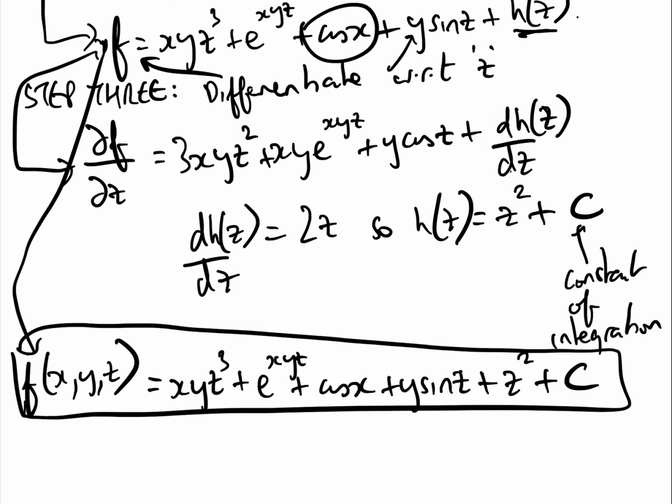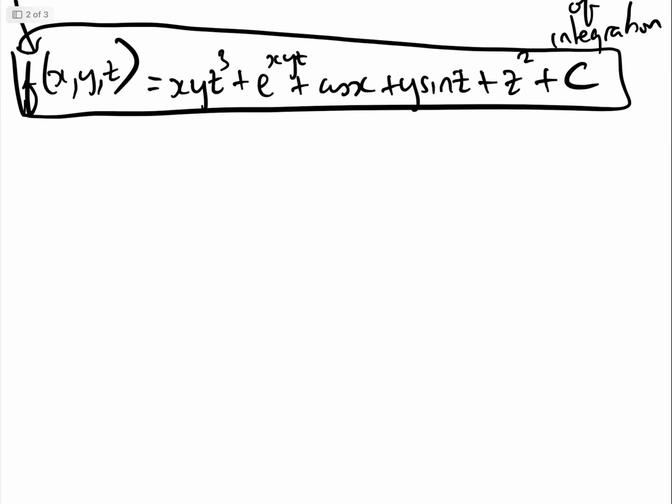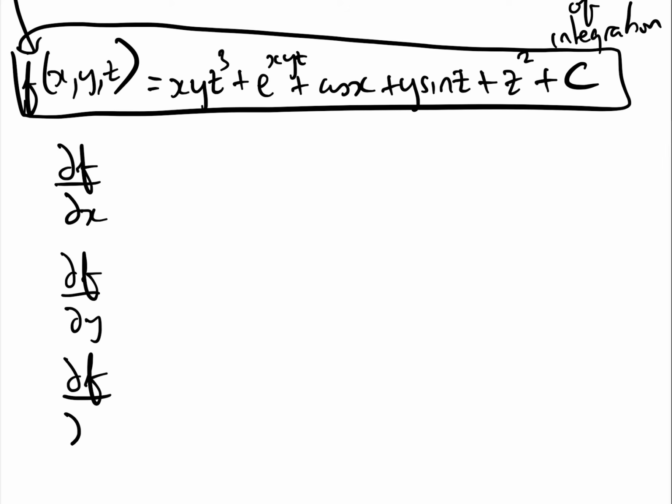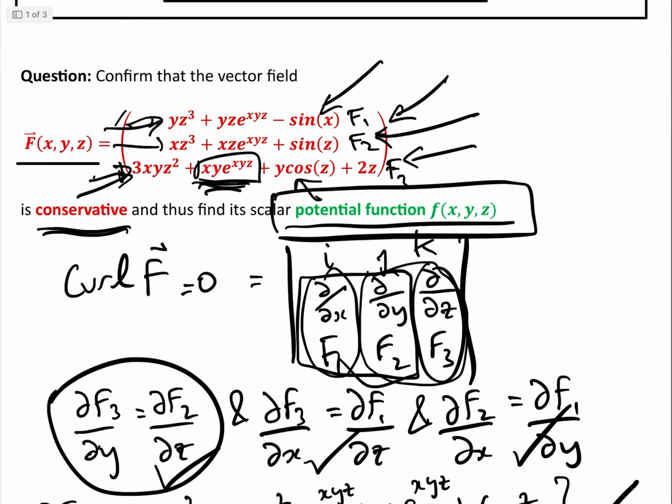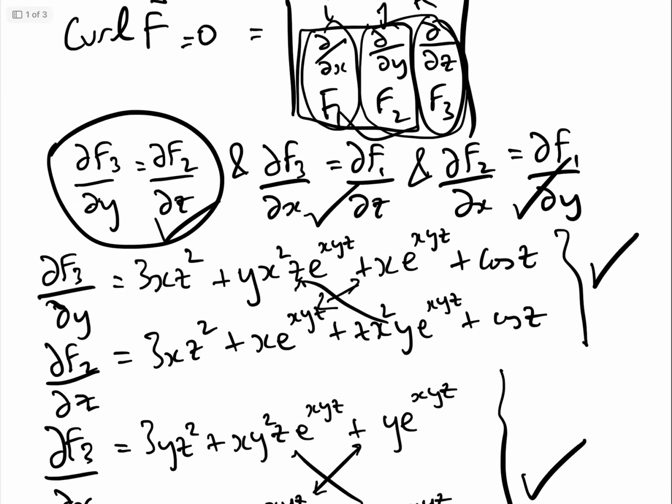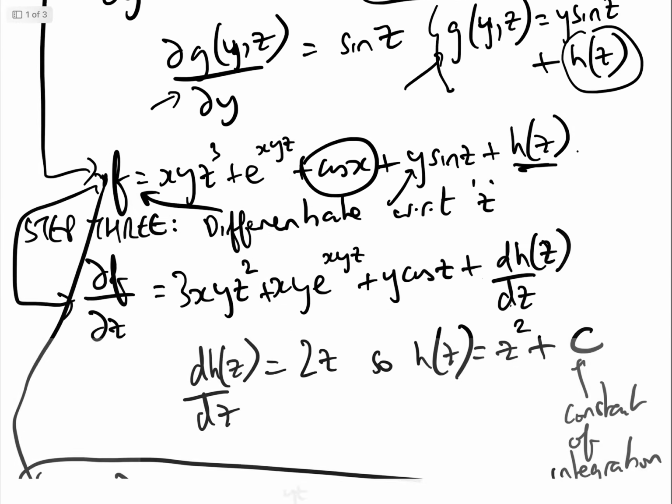Okay, phew. It is a little bit long-winded, but as long as you follow these 3 steps, you get your answer. Now, just as a check, we can differentiate f with respect to x, with respect to y, and with respect to z, and we had better find that the 3 differentials are this vector, otherwise we are in deep trouble.